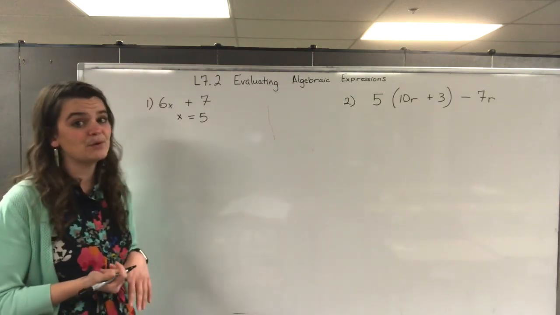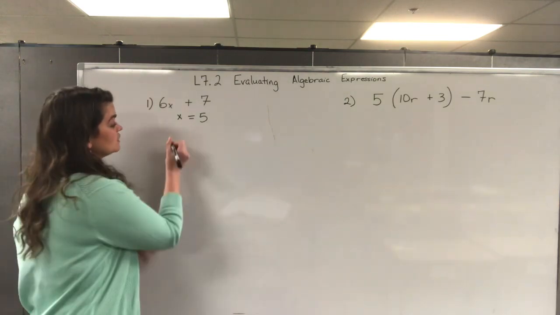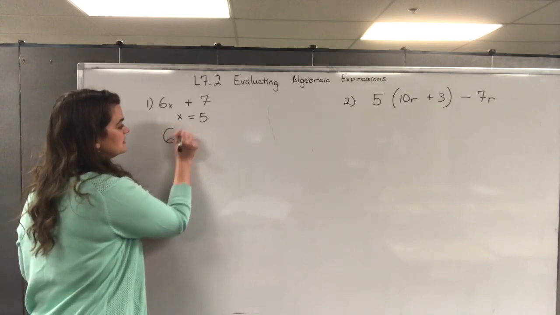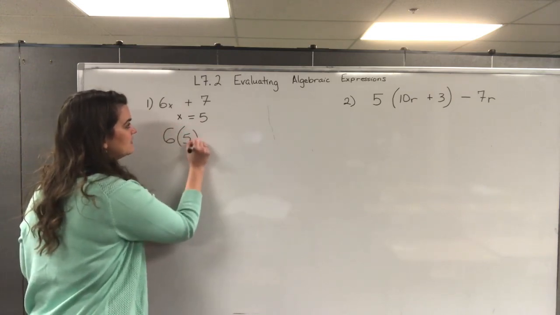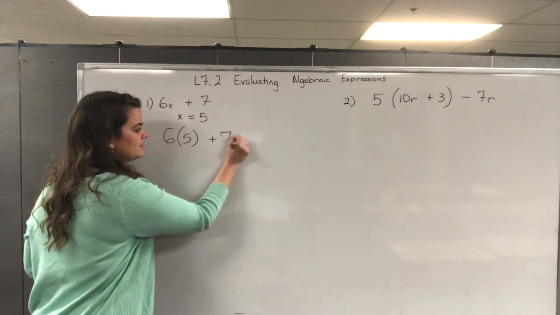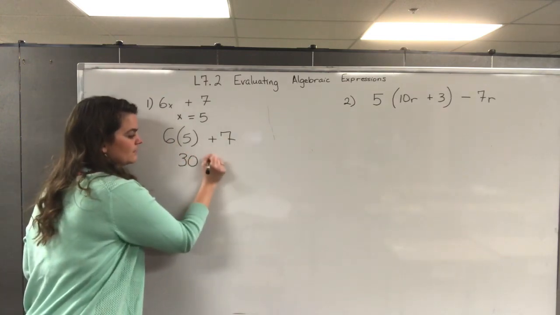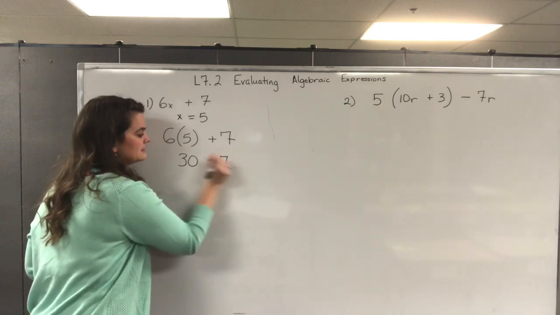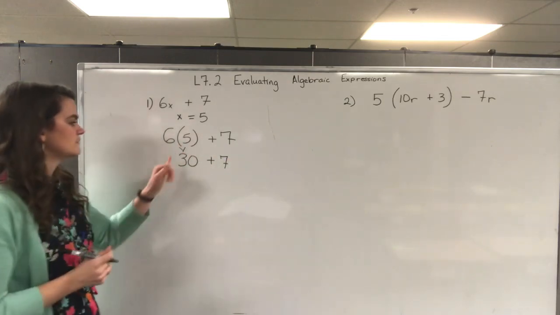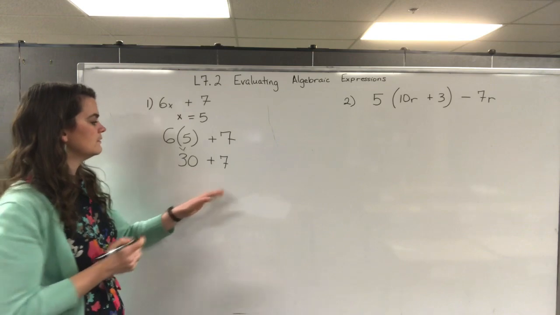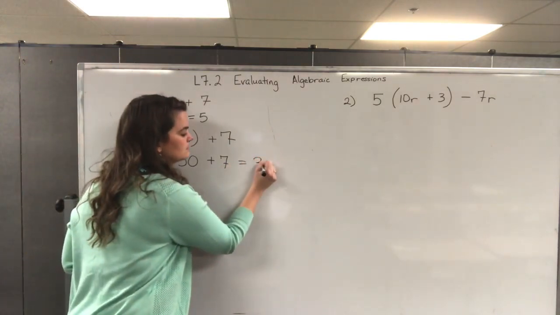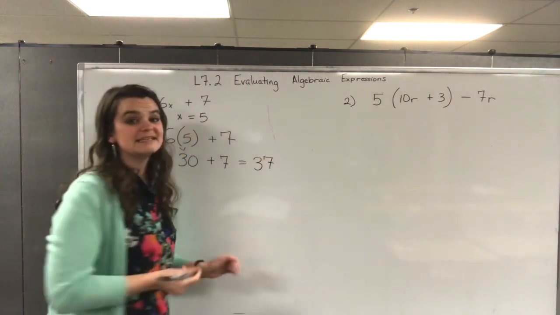That's super simple. We could do that in our head. We could also show all the steps. 6 times 5 plus 7. 6 times 5 is 30. 30 plus 7 equals 37.